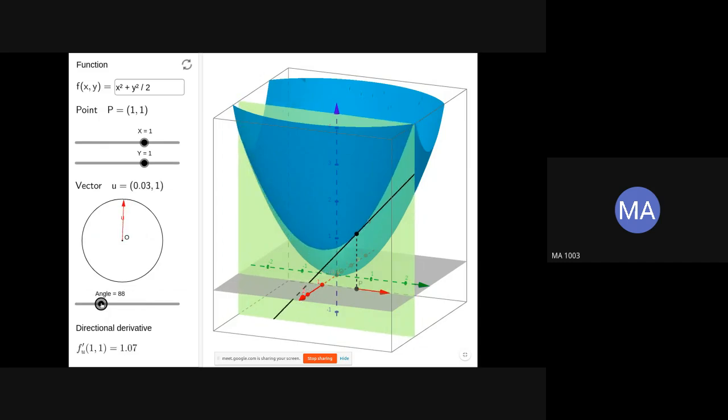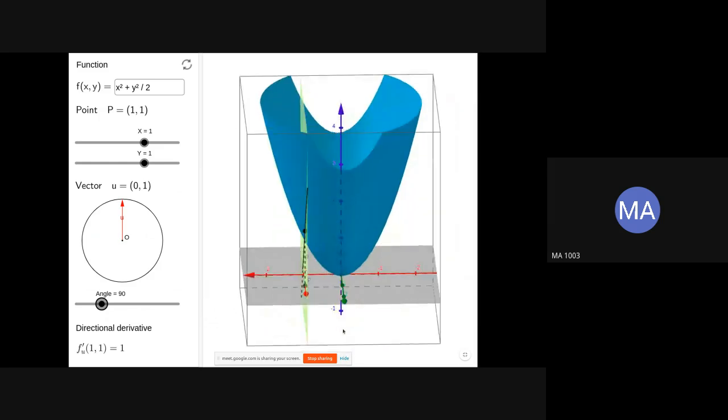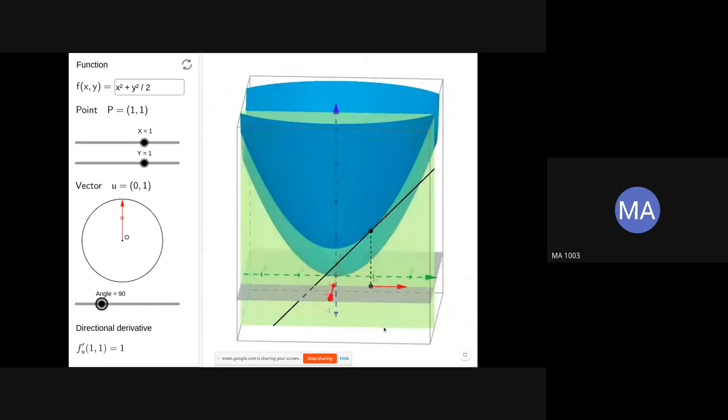It's at 90 degrees, I guess. Okay. 90 degrees. Now the vector you can see is parallel to the y-axis, right? This is the y-axis, this is the vector you are seeing. And now this is the plane. So the plane is also parallel to the yz plane. And now this is your tangent line, and the slope is the partial derivative with respect to y.